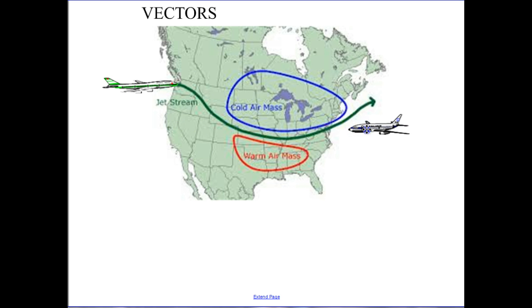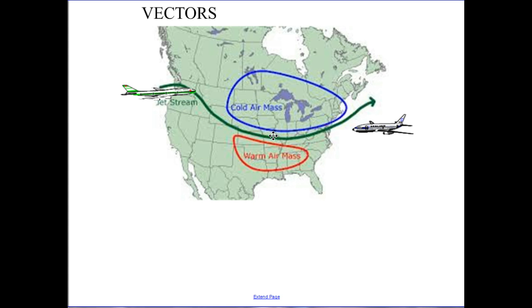And hopefully you can realize it's because you're fighting that jet stream if you're going from east to west. You're having to go against the wind, so it takes a little bit longer. In this direction, you're going with the jet stream, so the effect of the airplane's engine combined with the effect of the wind makes the trip faster.